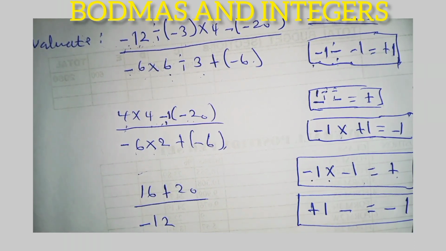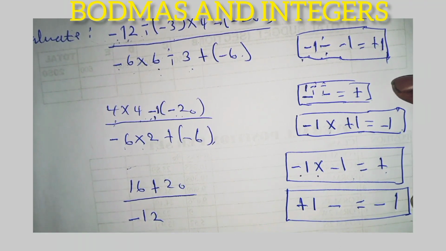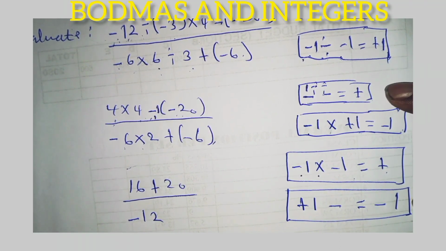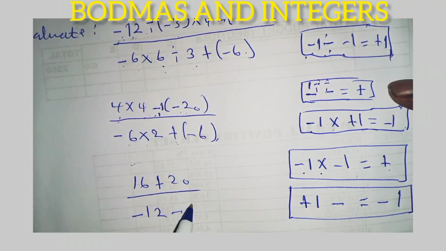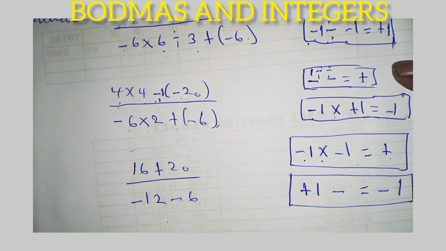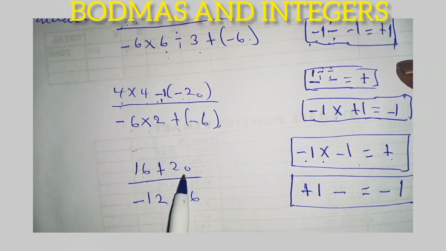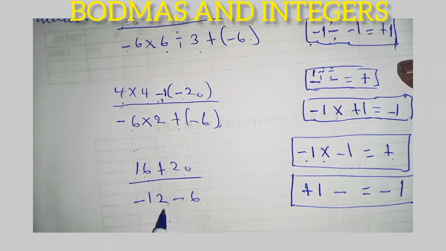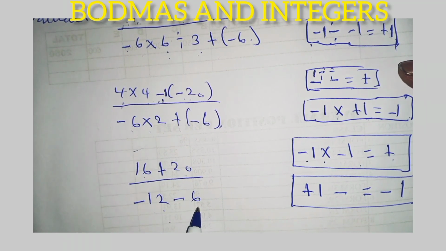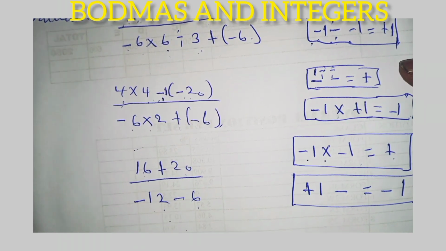So we are also going to make use of that law here. So plus minus 6 will give you minus 6, which is equal to, so you have 16 plus 20 will give you 36. Negative 12 plus negative 6 will give you negative 18.